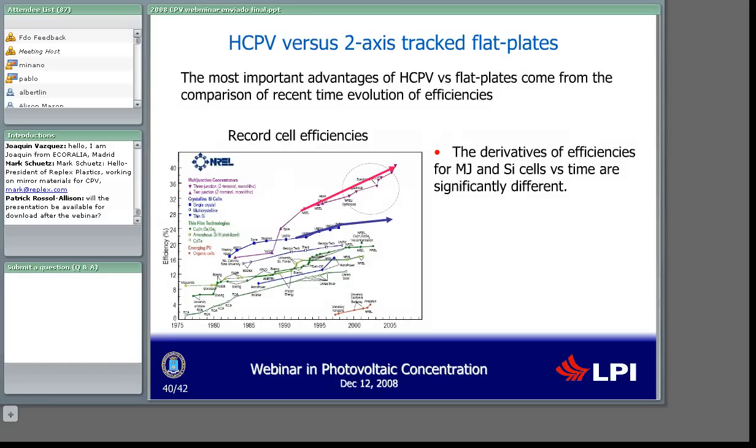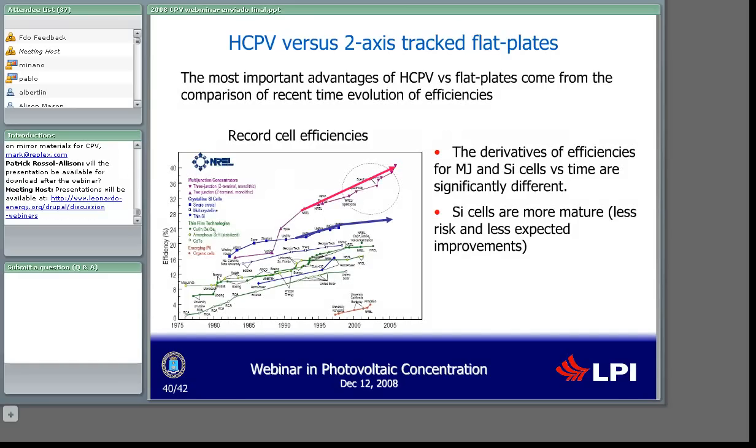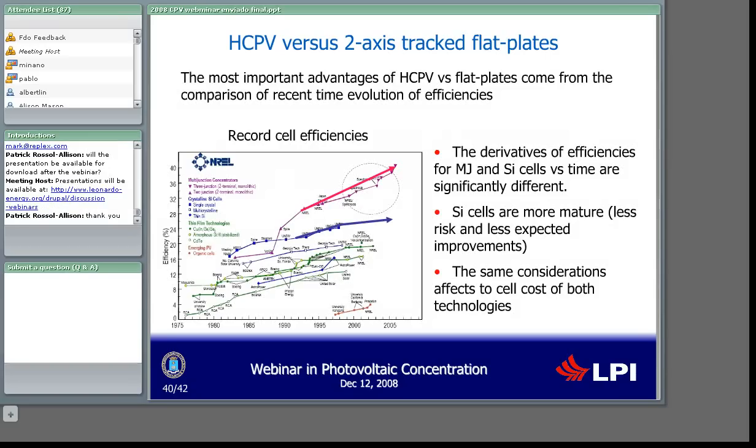And the fact that silicon cells are a much more mature technology implies a lower risk, but also fewer expected improvements. This can also be considered similarly for the structure of cell costs in both technologies.